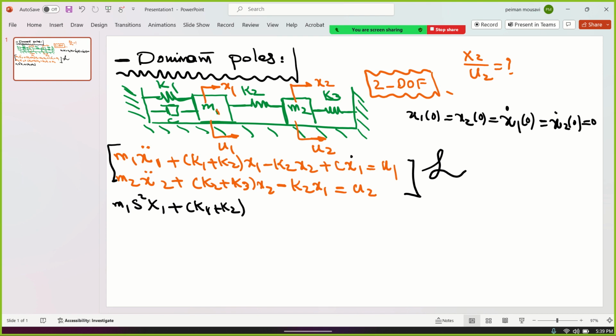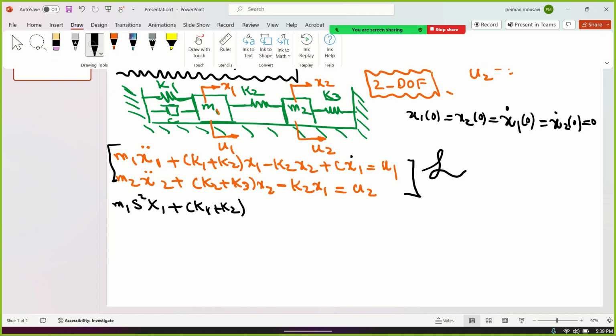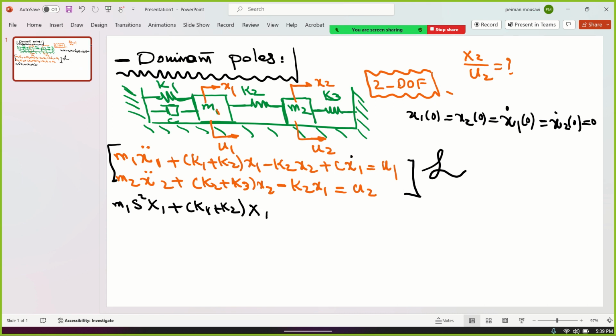X1 obviously minus K2 X2 plus CS, because of X dot 1.